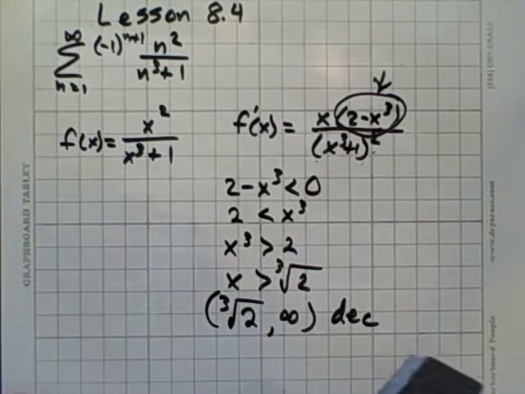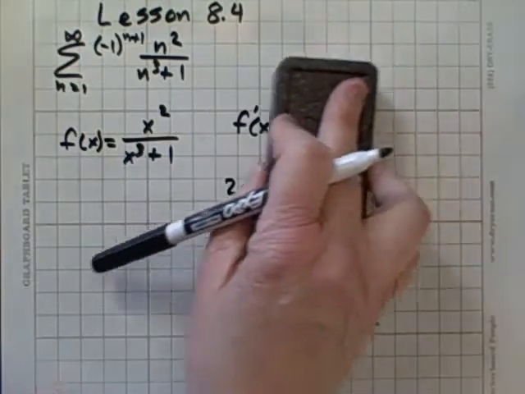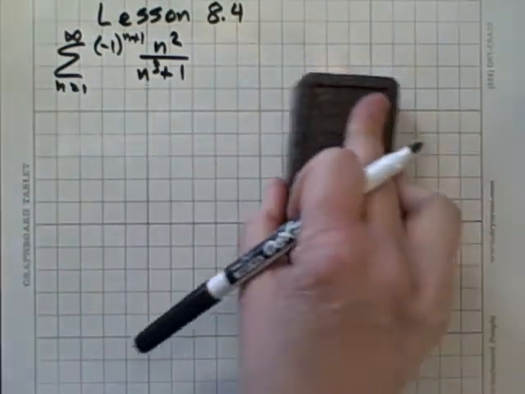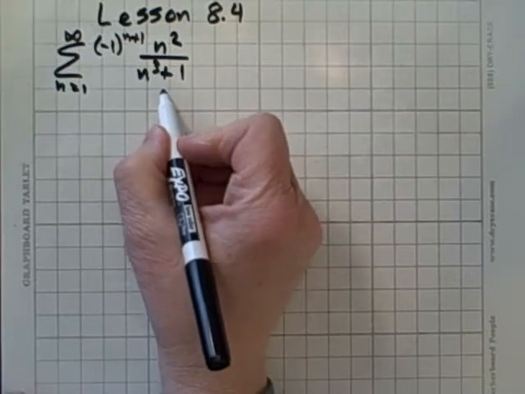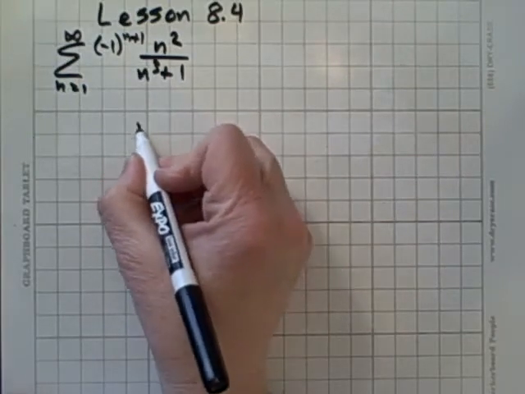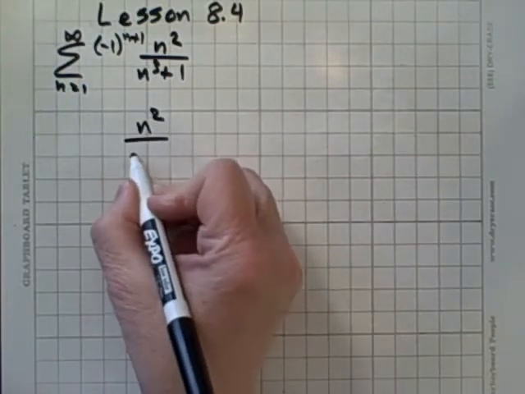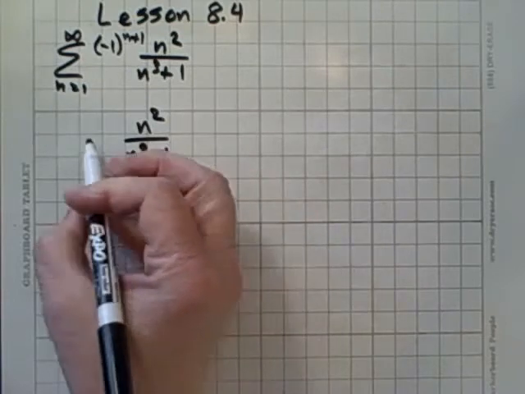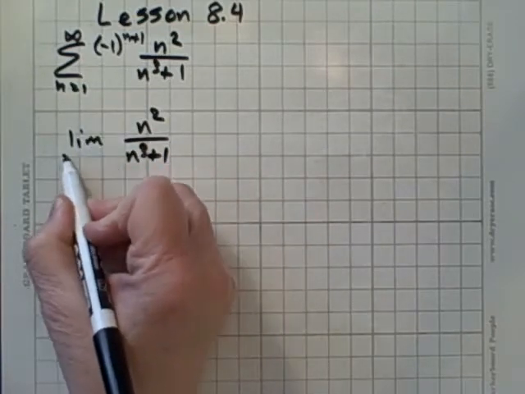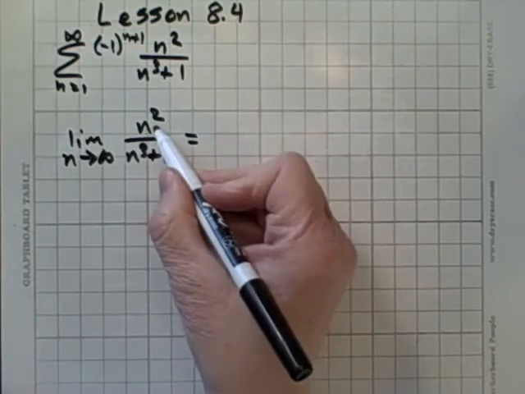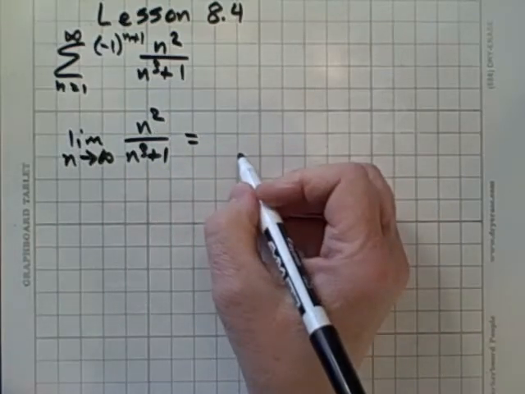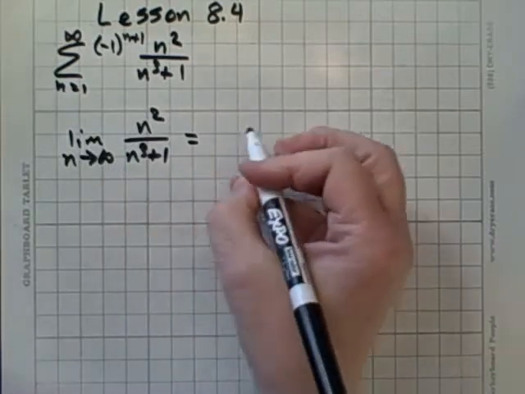Did the terms head towards 0? Once again, we would take the limit as n goes to infinity on the nth term formula, n squared over n cubed plus 1. We want the limit as n goes toward infinity. An appropriate method would be to divide by n cubed.